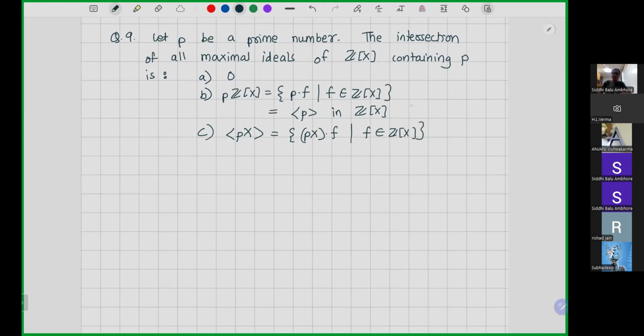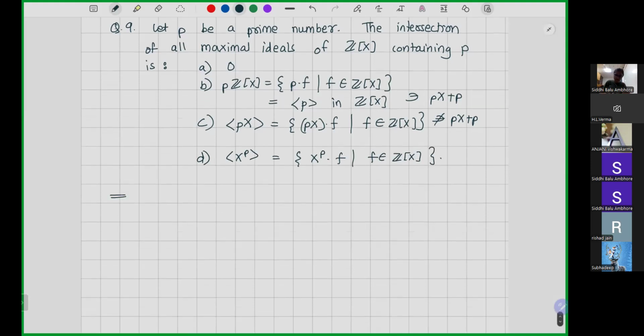For example, this ideal contains Px plus P, but this ideal does not contain Px plus P. So these two ideals are different. And D is the ideal generated by x^P. It is nothing but x^P times f, where f is in Z[x]. Any doubts here?